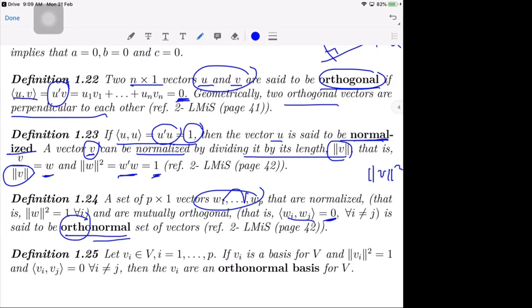So if all of these are satisfied, it is a basis, linearly independent, and it spans V. The inner product with itself is 1, and the inner product with i not equal to j is 0, then the v_i's will form an orthonormal basis for V.